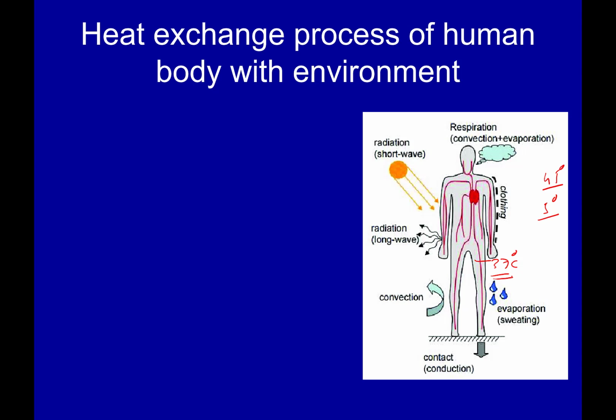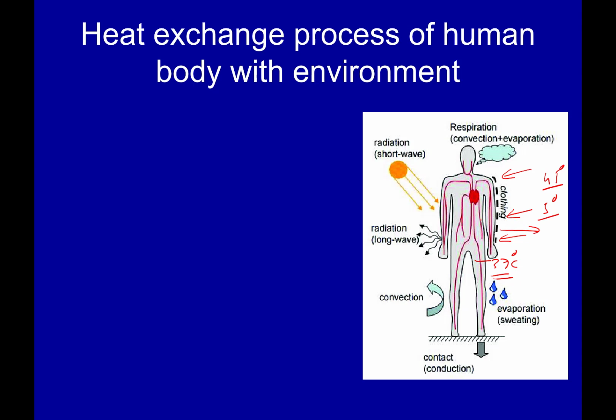So you see, there is always a difference of temperature if it is an unfavorable condition. When the temperature is too high, obviously heat will be supplied to the body from the environment, from the surroundings, while when the temperature is low, heat will be dissipated.